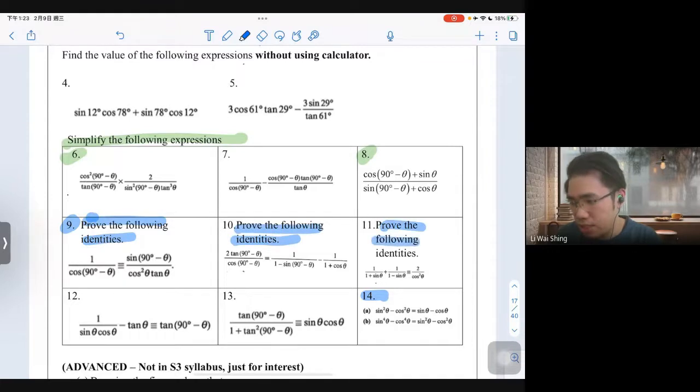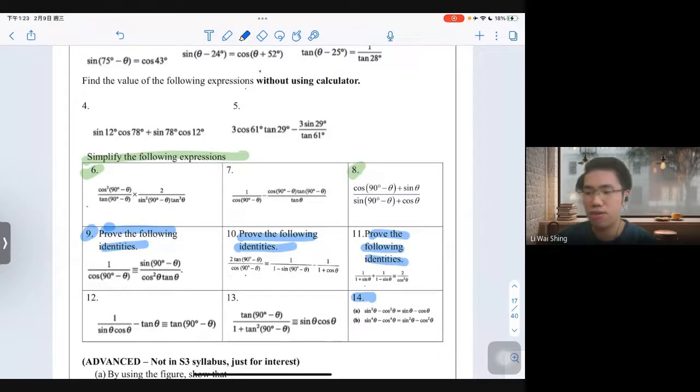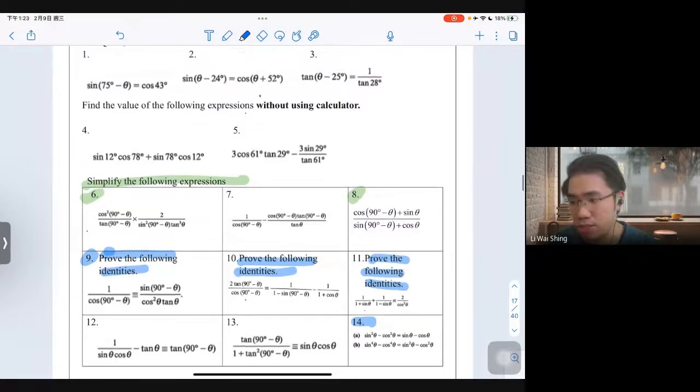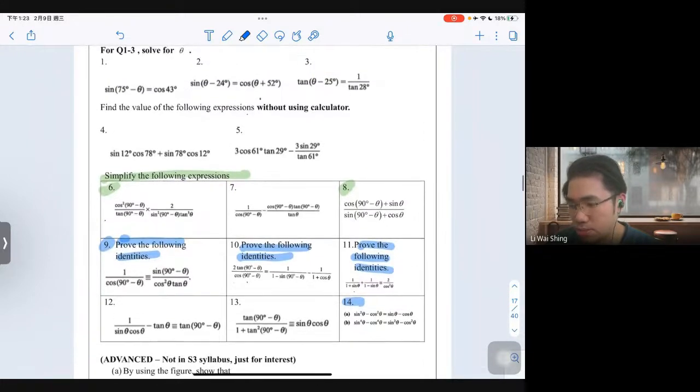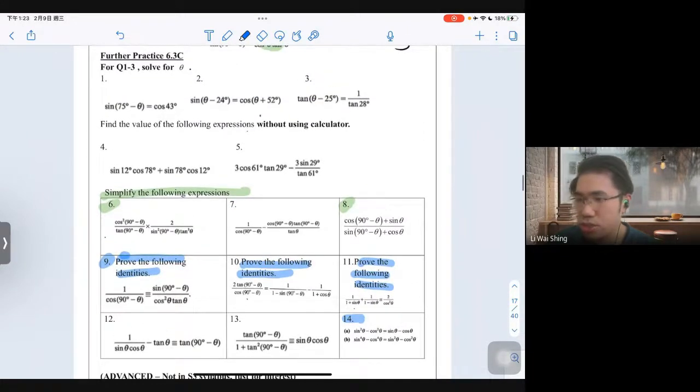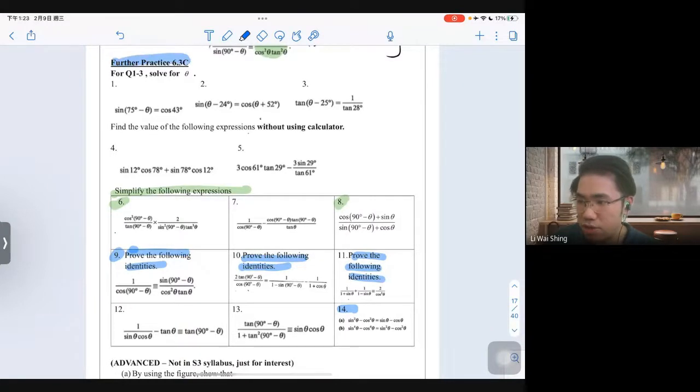That means you have the answers already and you want to prove it's true. From left to right, or from right to left. Do that yourself. So tonight, please finish the further practice. Try to show that as much as you can.